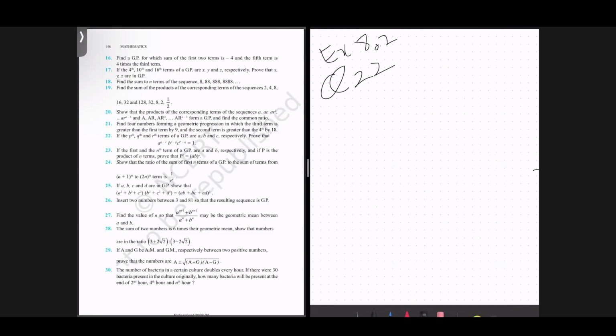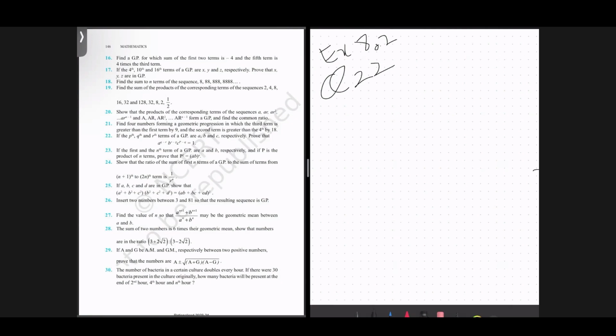So we need to first assume the pth, qth, and rth terms of the GP as a, b, and c, and then we need to prove that these particular terms raised to the power q minus r and so on are going to equate to 1, right? I've just substituted the values of a, b, c and p, q, r in the LHS of the proof, and that is how I'm going to arrive at the RHS.